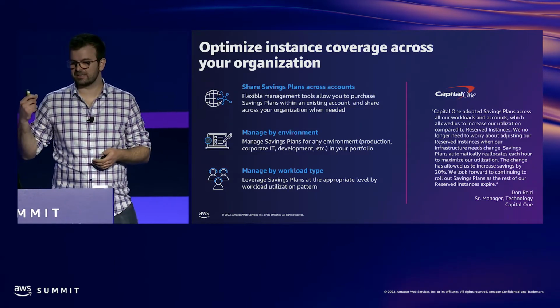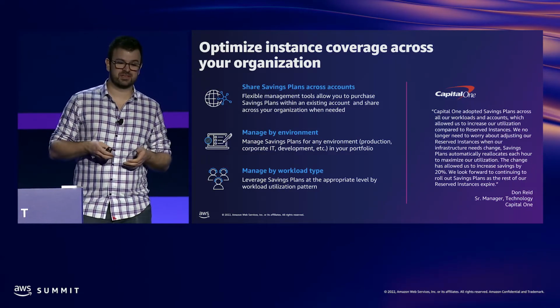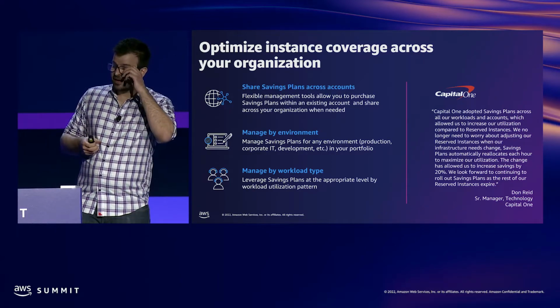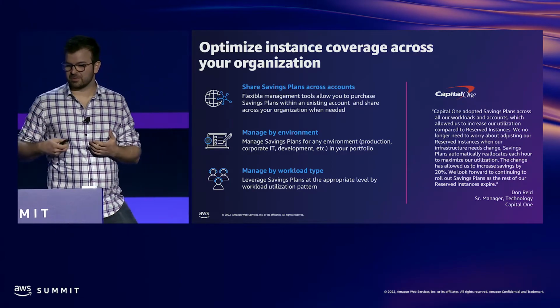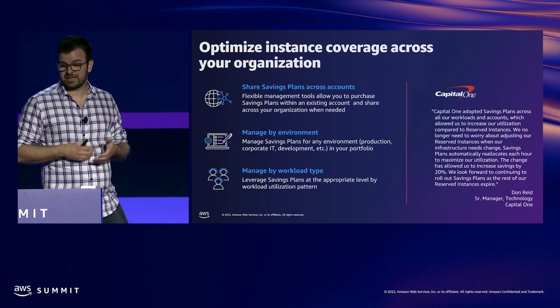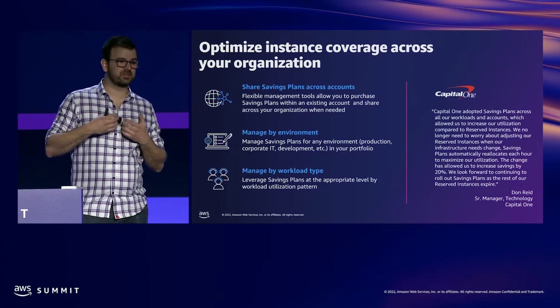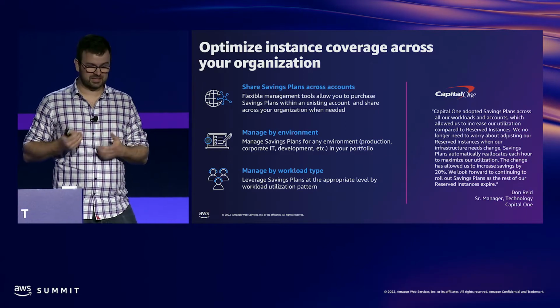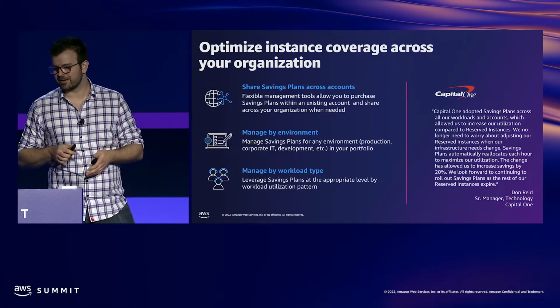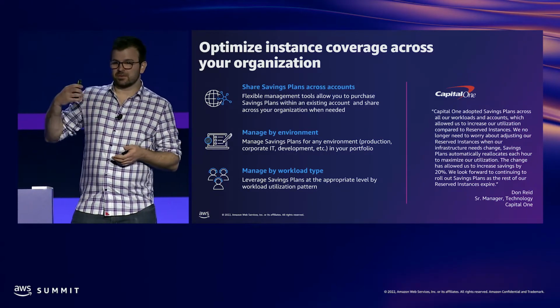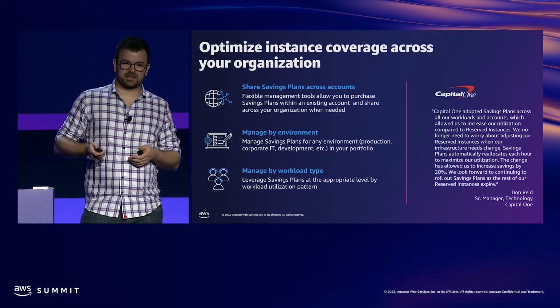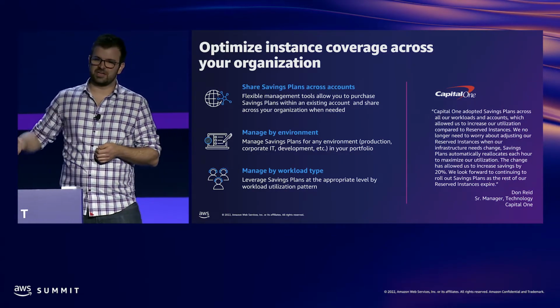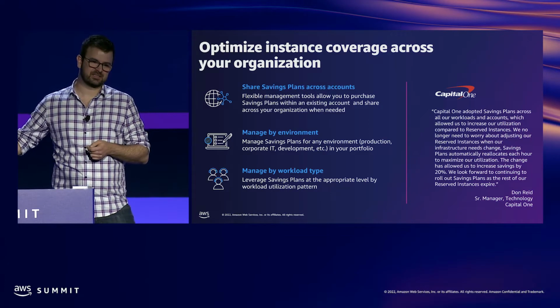And a good example of a customer who's done this is Capital One. The reason I like talking about Capital One's story is they were able to save 20% just by purchasing compute savings plans, which is pretty significant at the scale that they operate at. One of the great things about savings plans is that we can give you recommendations on which savings plans to purchase.